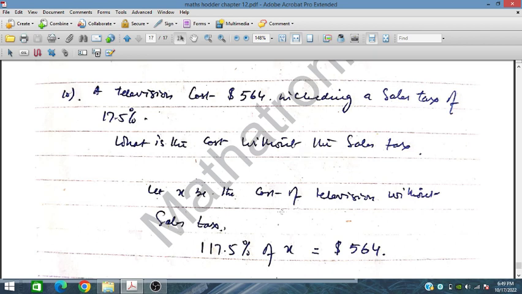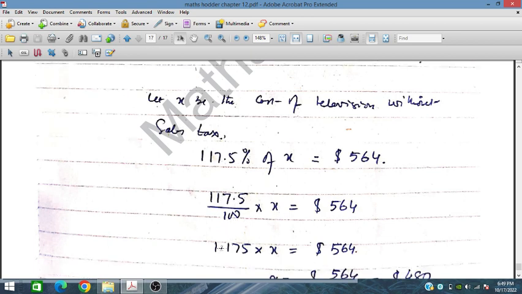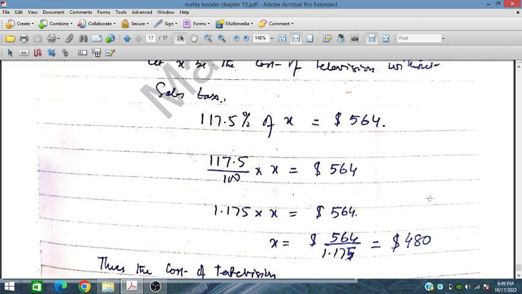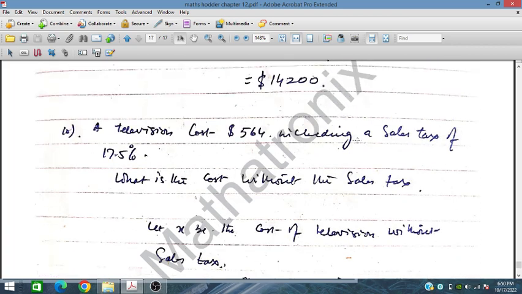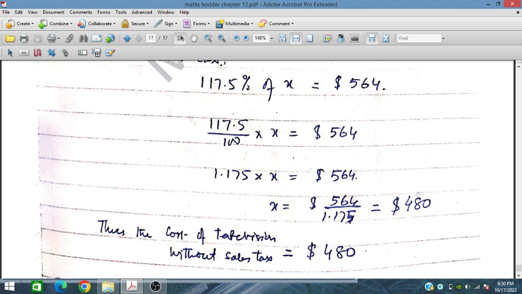The cost without the sales tax is assumed as X. So 117.5% of this X is equal to $564. So 1.175 times X is equal to 564. So X is $480. So without including the sales tax, the amount is $480.